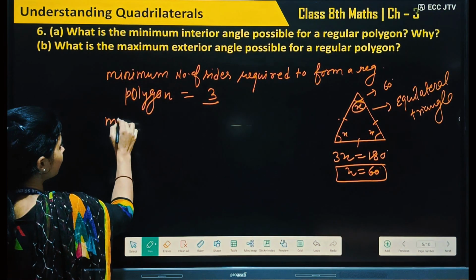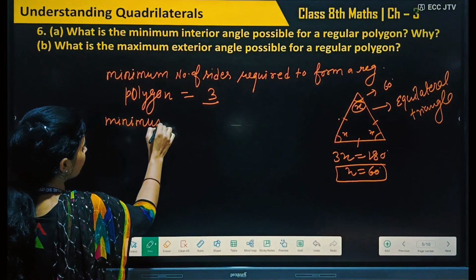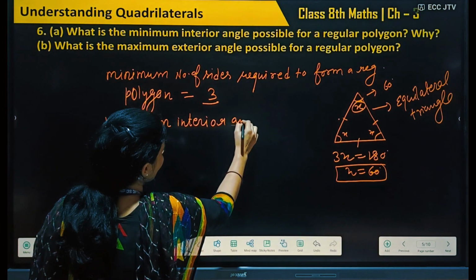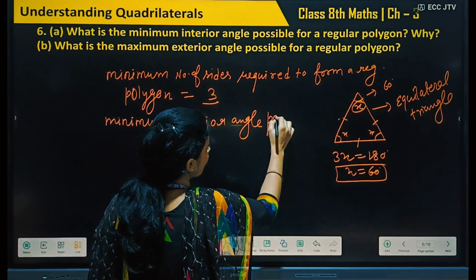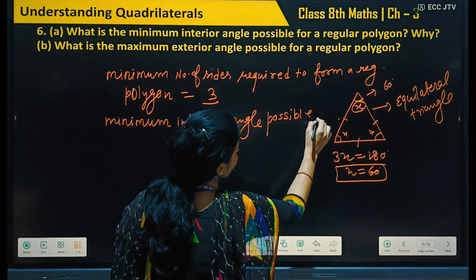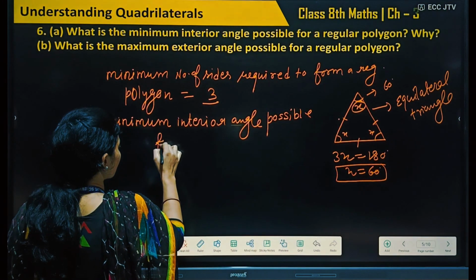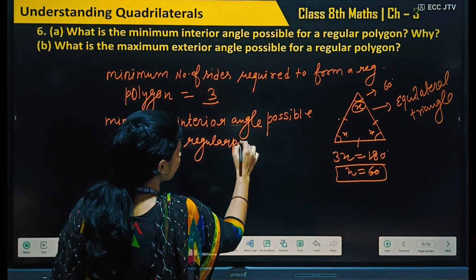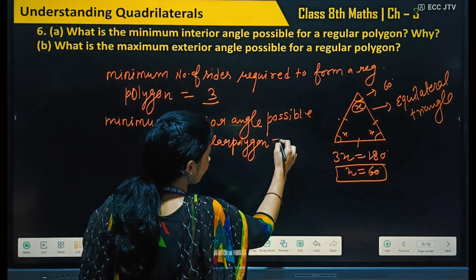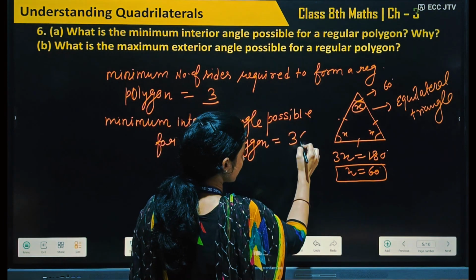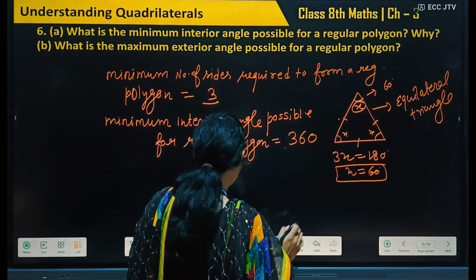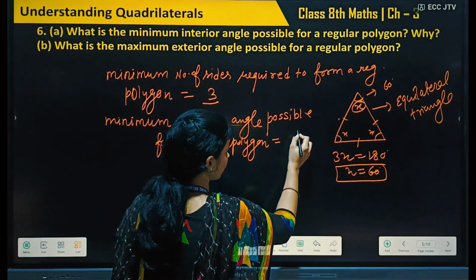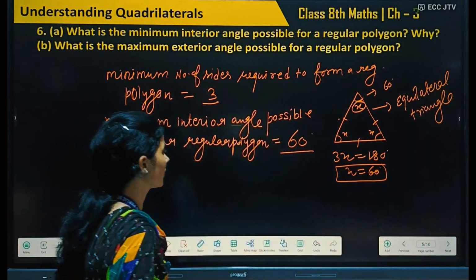So the minimum interior angle possible for a regular polygon is 360 degree by 3, so we calculated, the answer is 60.